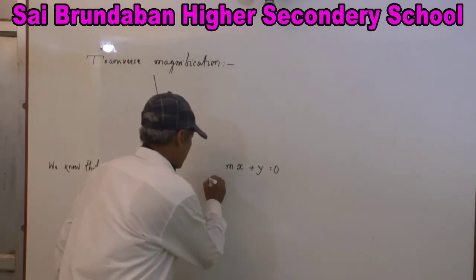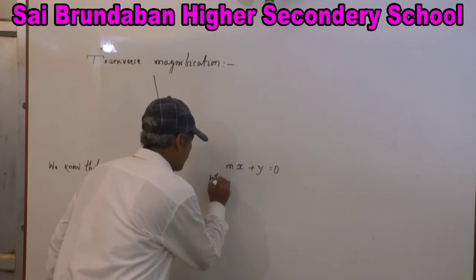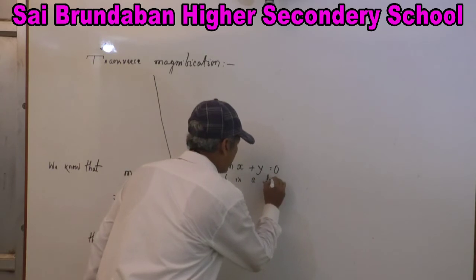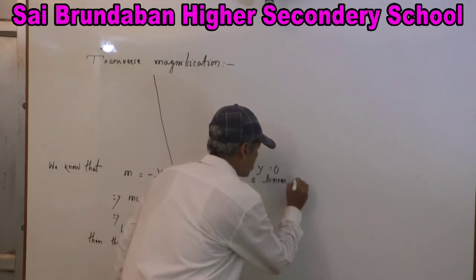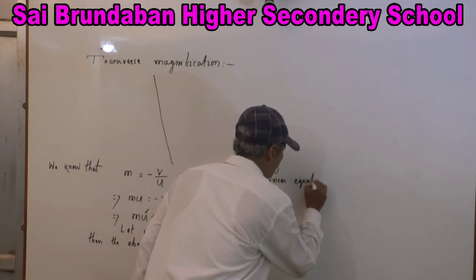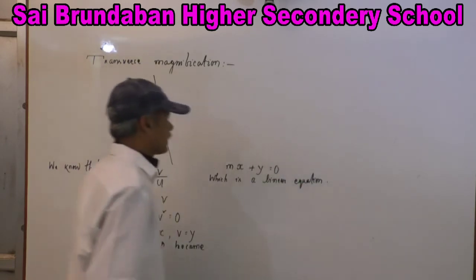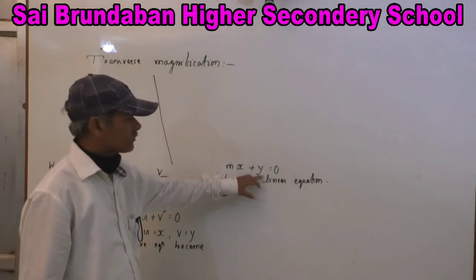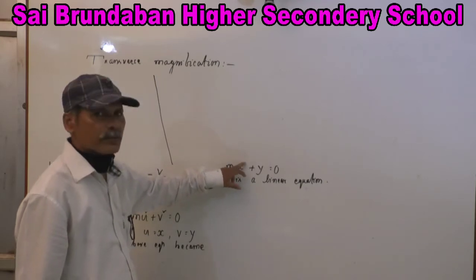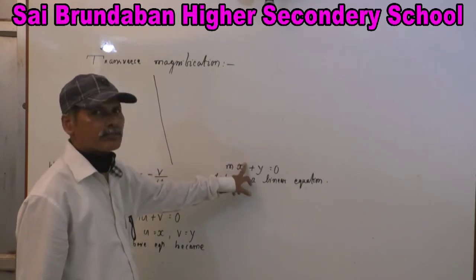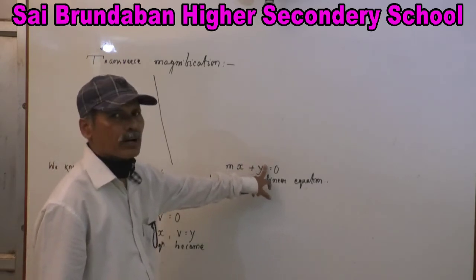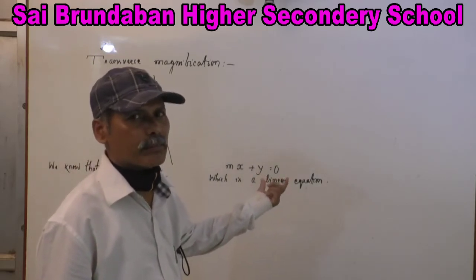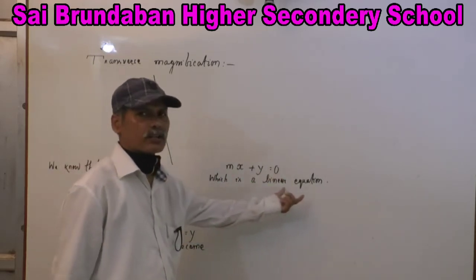It is a linear equation. Listen, this is a linear equation. You see, here the power of x is 1, the power of y is 1. So it is very similar to the equation y is equal to mx plus c, which is a linear equation.